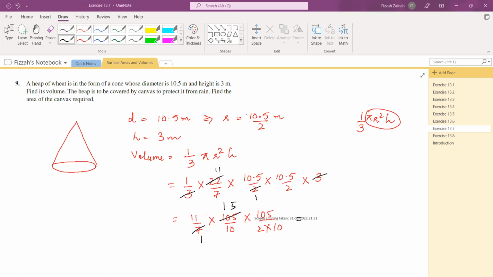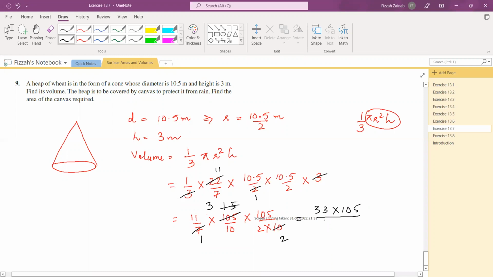Yes, okay. So we were doing 15, let's reduce it by 5: 5 into 3 and then 5 into 2, right? And yeah, I think nothing else can be reduced. So now you multiply this 33 into 105 and then divided by 4 into 10, right?